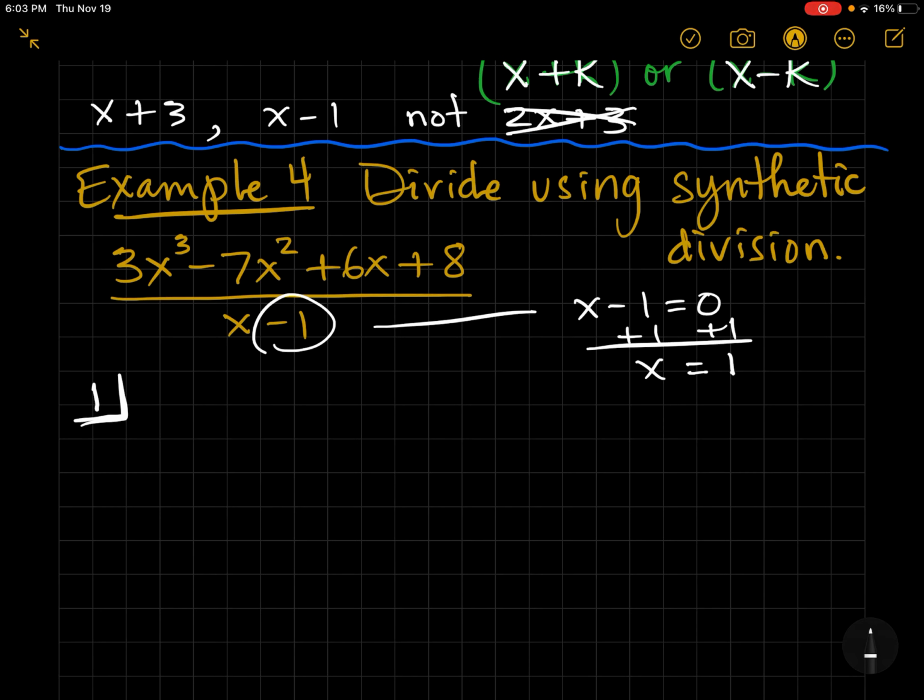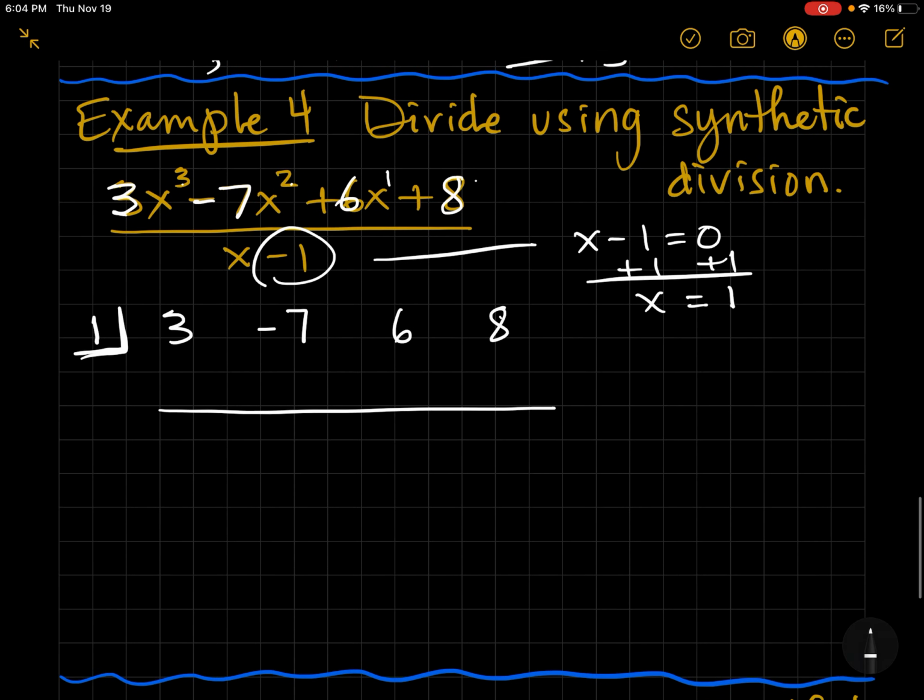Now you take all of the coefficients from the dividend. So 3, -7, space them out a little bit, +6, and 8. And you make sure that you have all the powers: 3, 2, 1, none. If there was a power missing, we would put a 0 in its place.